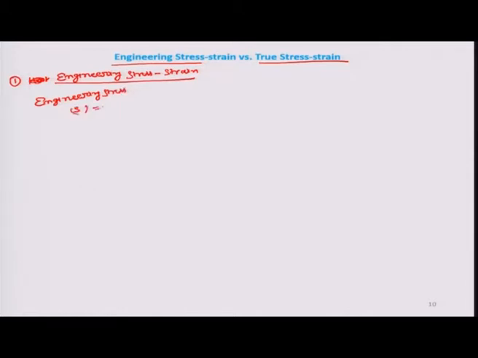can be defined as the force that is applied in the axial direction to the cross sectional area of the beam.